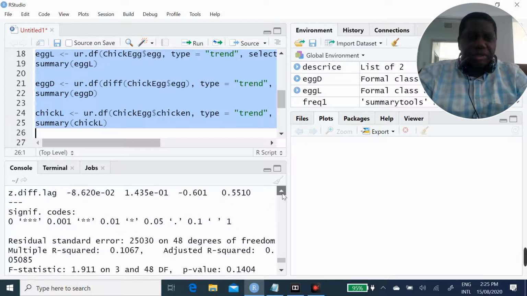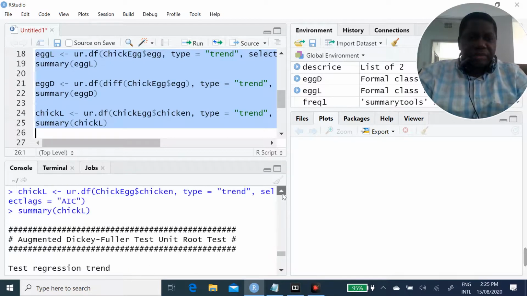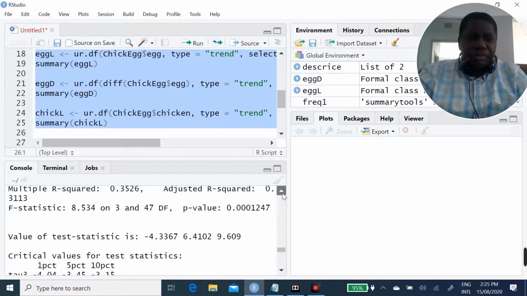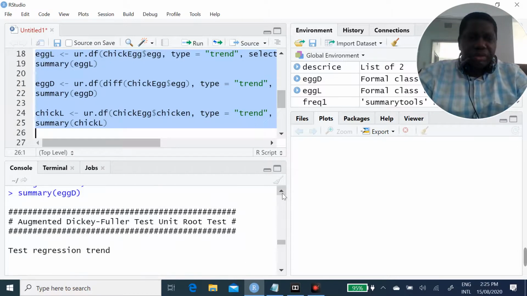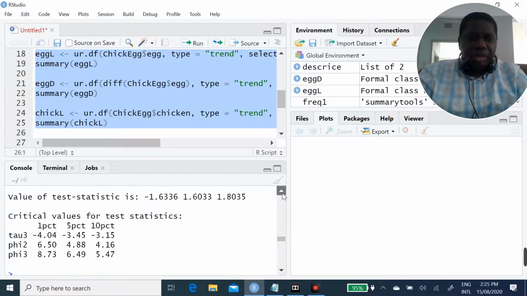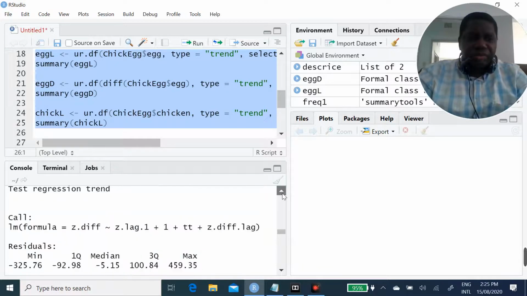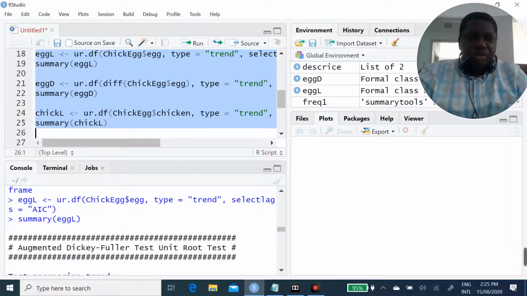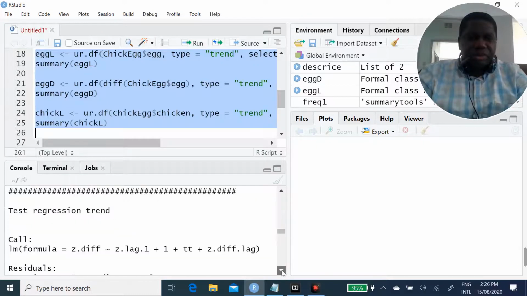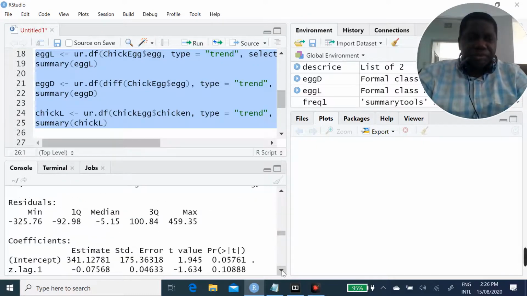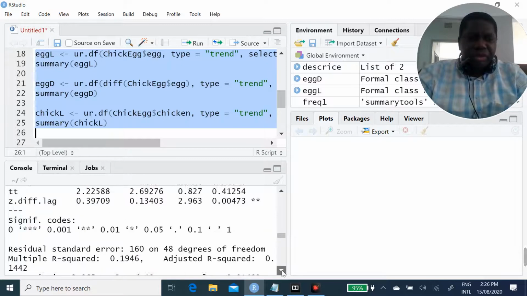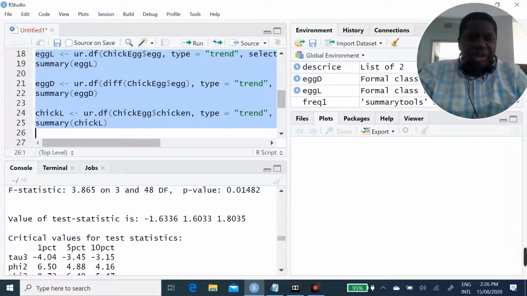So let's look at our results. Egg L, yeah. So if you look at unit root tests for egg at levels, you can see that the statistic is minus 1.63.